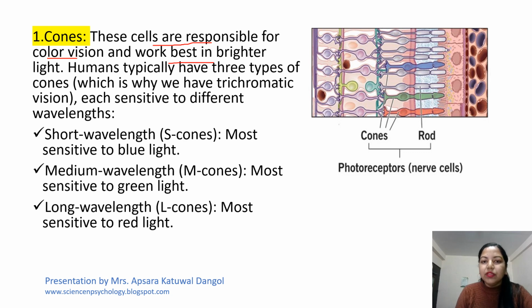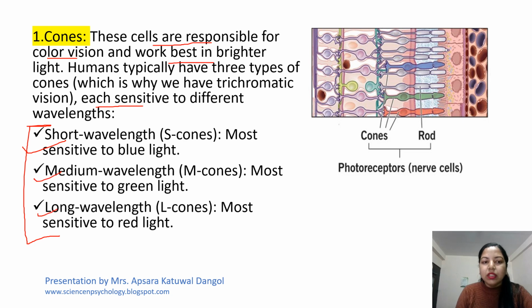Humans typically have three types of cones, which is why we have trichromatic vision, sensitive to different wavelengths. As you can see in the structure, there are three types: short wavelength, medium wavelength, and long wavelength.